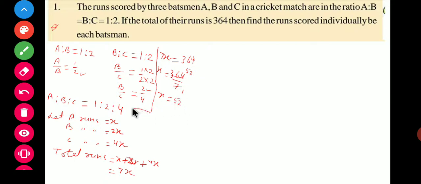Now we can consider A's runs, B's runs and C's runs. So A's runs equal 1X, so it is 52 runs.